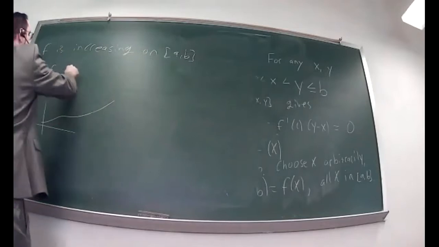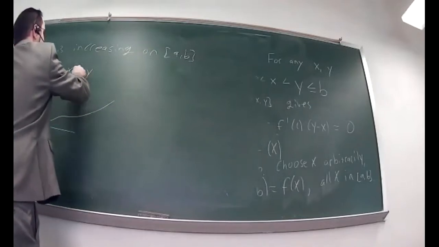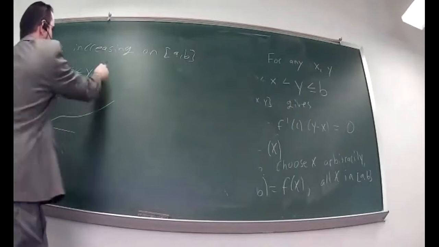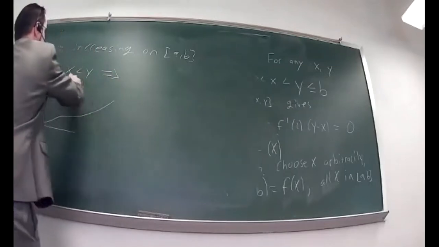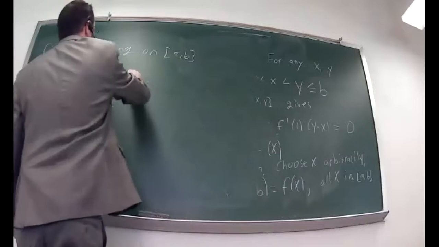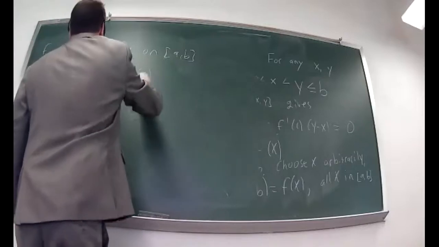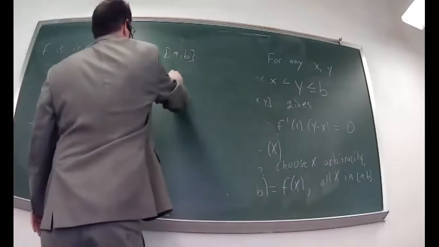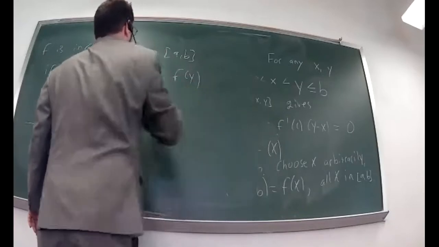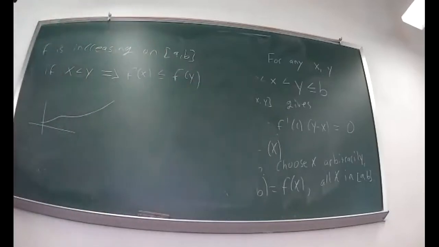It means that if x less than or equal to y, let's say x less than y, implies f of x is less than or equal to f of y. And be a little bit careful.